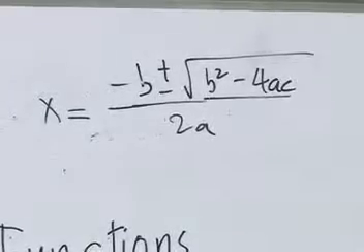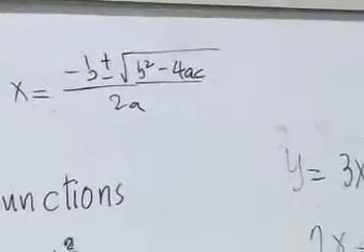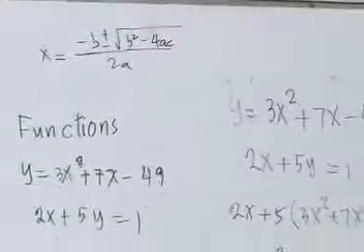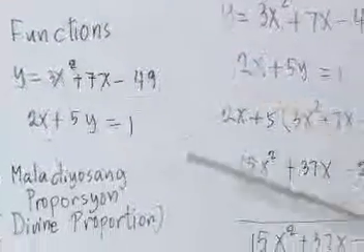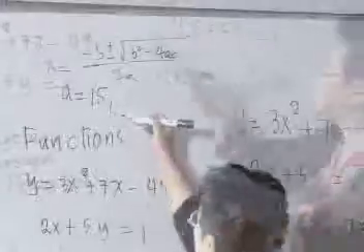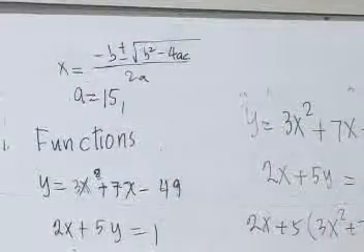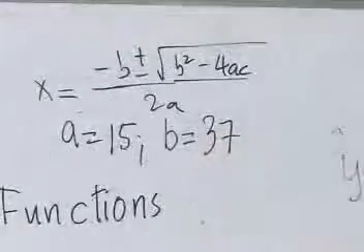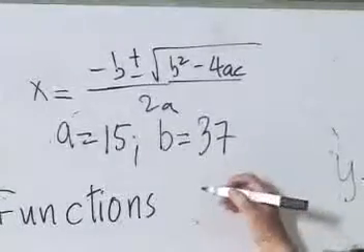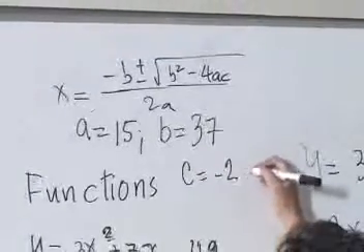Now, we put it here. What is a? This is now our equation. So, what is a? A is 15. And what is b? 37. And what is c? Negative 246.